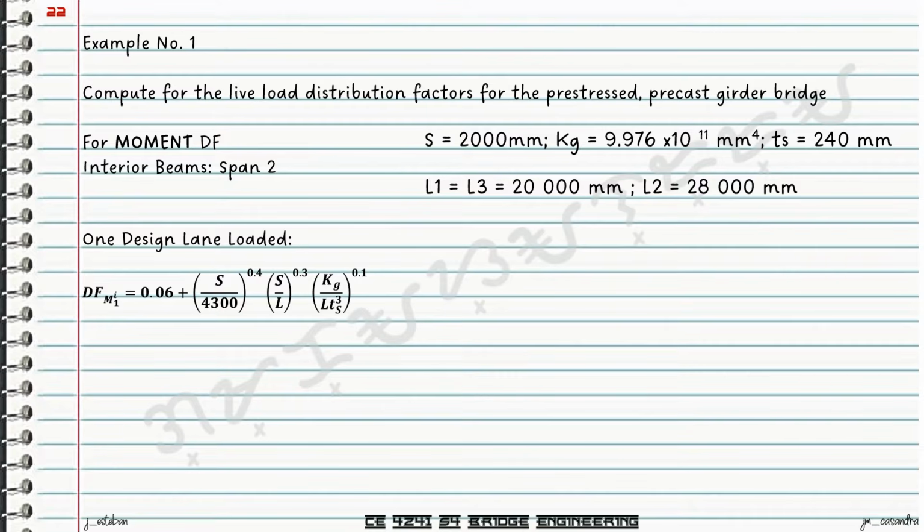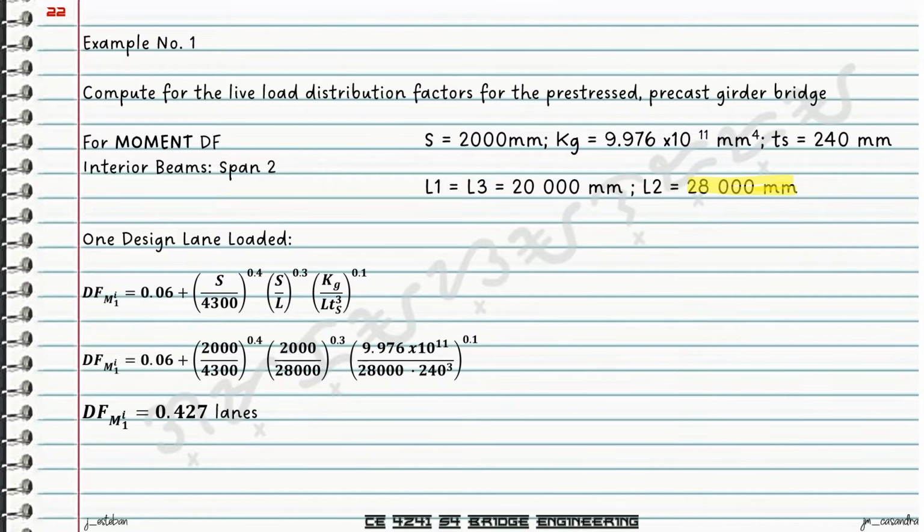So in this case, since we are talking about span 2, we will have the same given values that we're going to substitute. The only difference will be we are going to use now the span of L2, which is equal to 28,000. Substitute the values in the equation, and we will get now a distribution factor of 0.427 lanes.